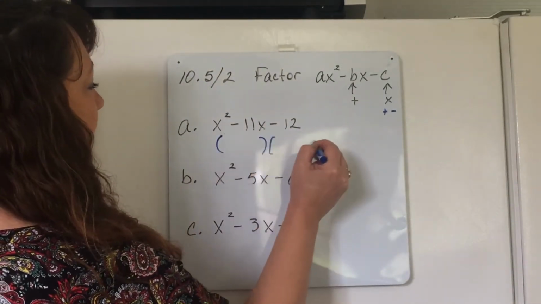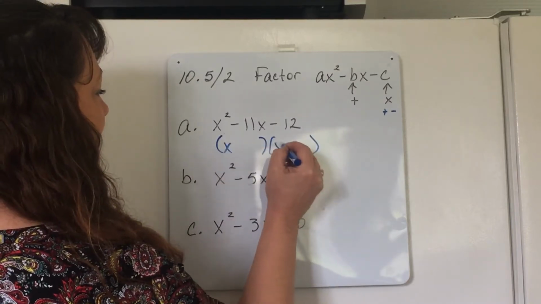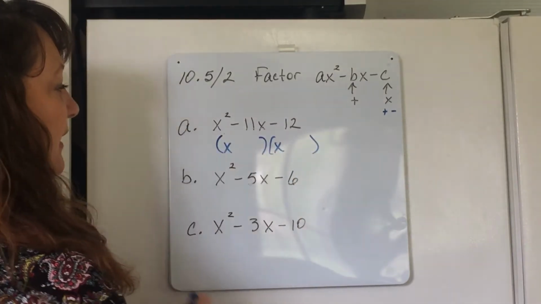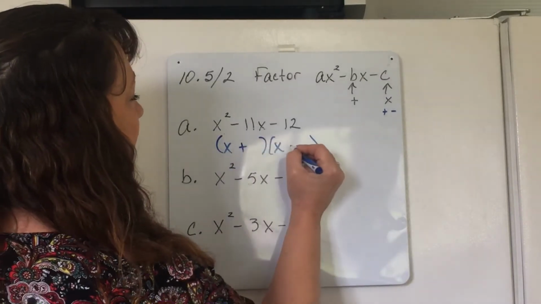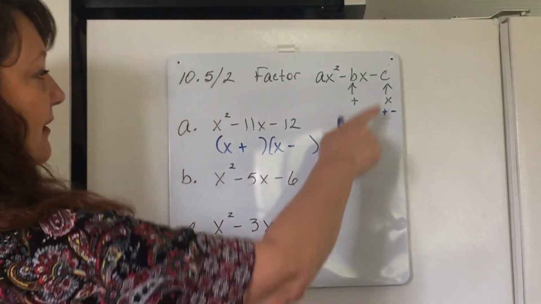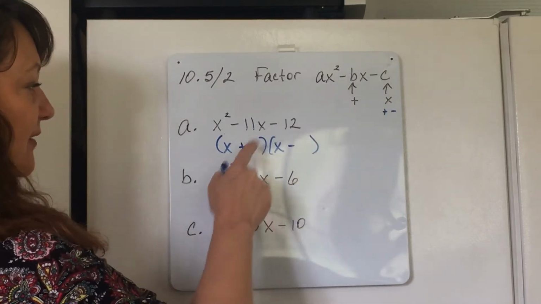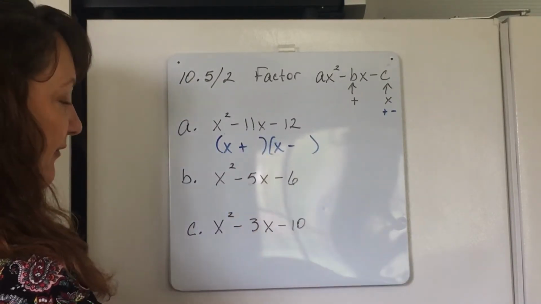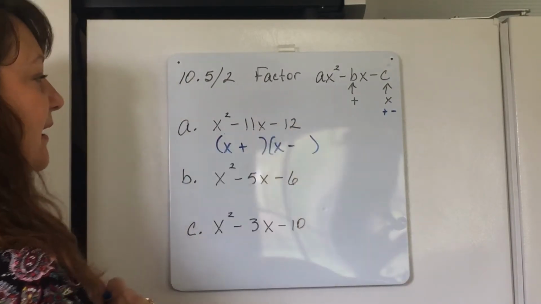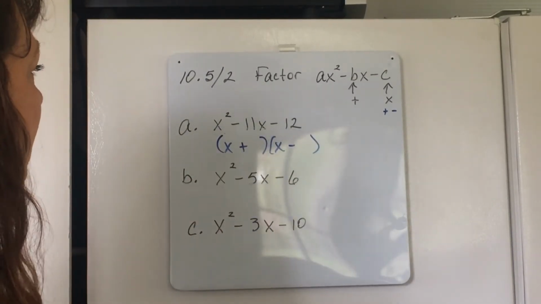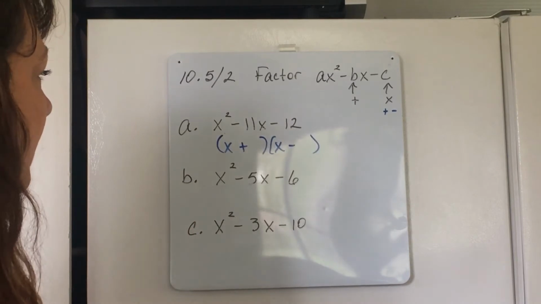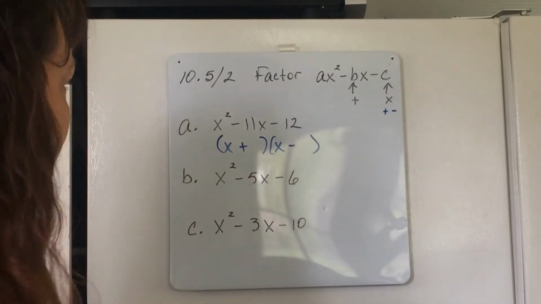Here, I'm going to factor that out. There's my x times x. Now then, I know my signs are going to have to be different for them to multiply to get a negative, because a positive times a negative is a negative. Let's see, 4 times 3, that doesn't add to get 11. 6 times 2, that doesn't add to get 11.